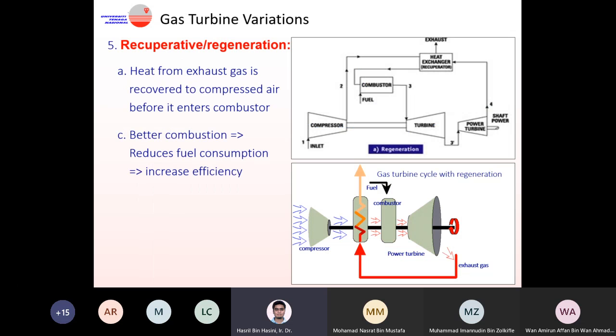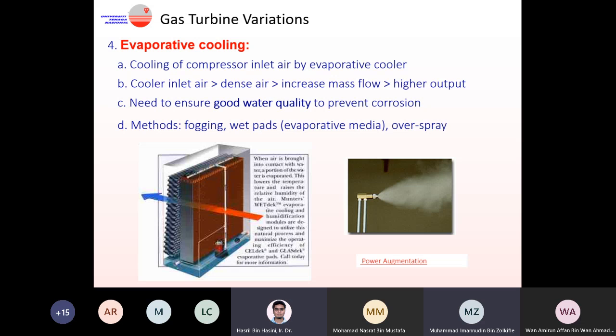Is the water used the same as the feed water? Yes. Usually if you're talking about the combined cycle, they are using feed water for the HRSG, the heat recovery steam generator. Usually the same feed water is used to spray for the gas turbine side.